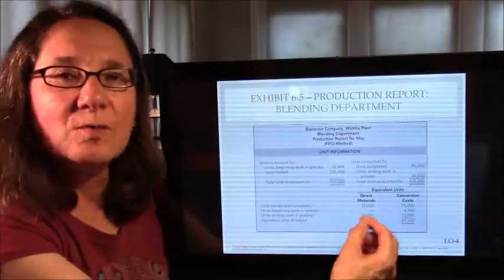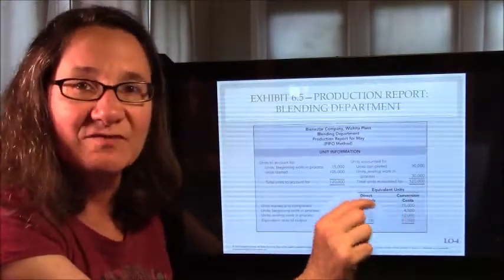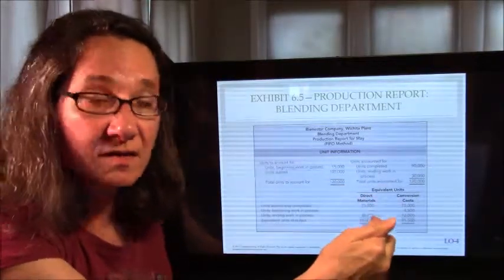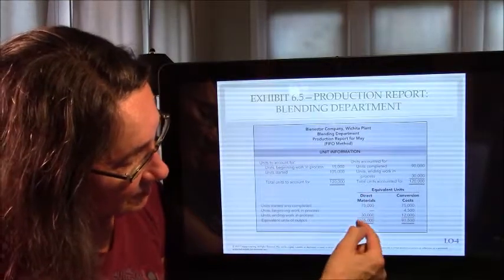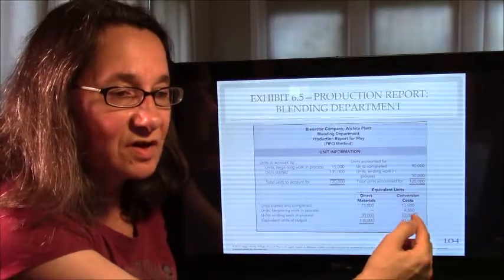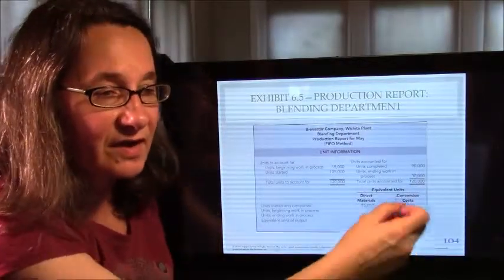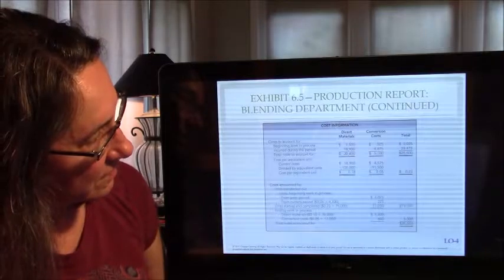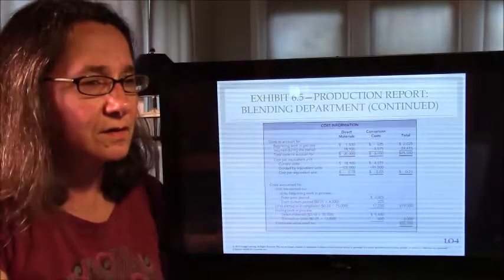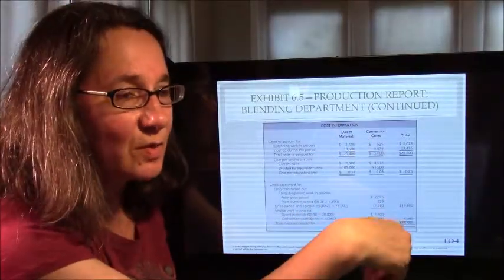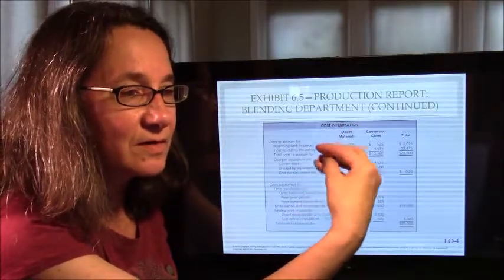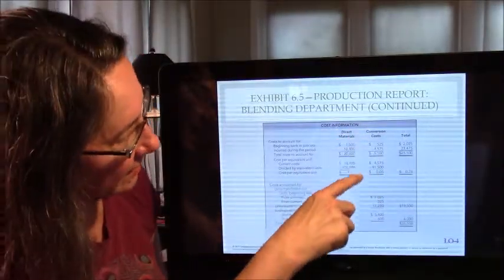So when I go to do my costing to figure out my unit cost for one unit for this month, I'm going to say for direct materials I need to cost 105,000 things. And for conversion costs, whatever those turn out to be, I need to cost 91,500 things. All right? So in a production report for three departments, you're telling us what needs to be accounted for.